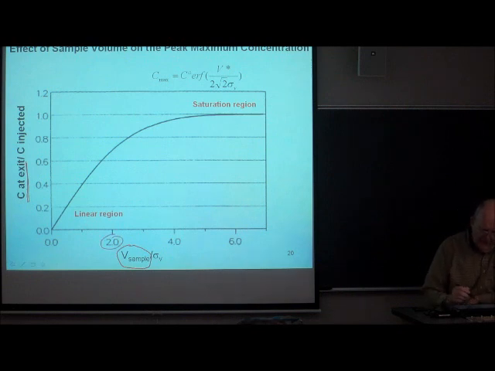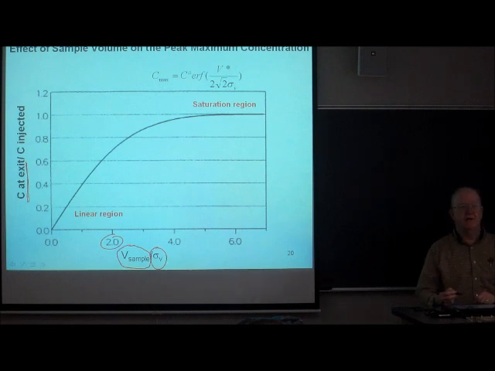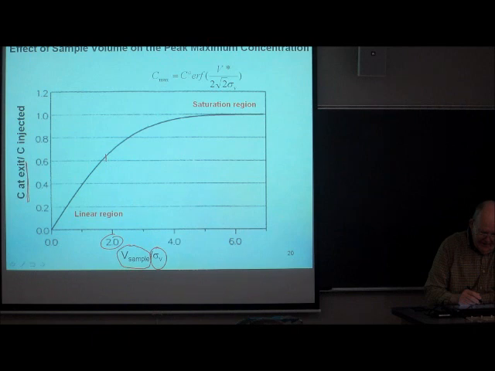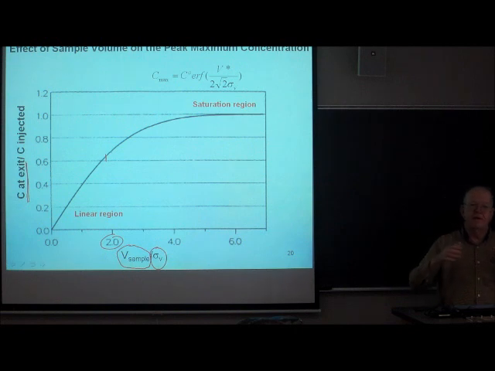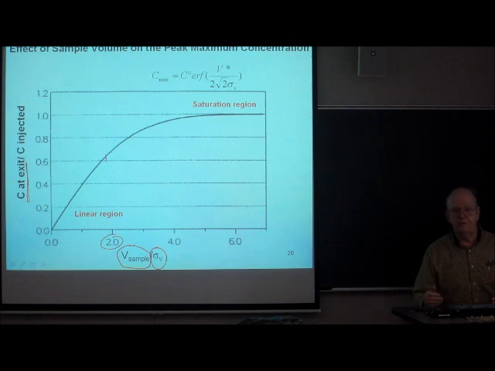Once you're into about 2 times sample volume equal to twice your sigma V of the column, you start to see some curvature here. And so if you inject more, you don't get a proportional increase in the peak height, but you do get a proportional increase in your peak area.